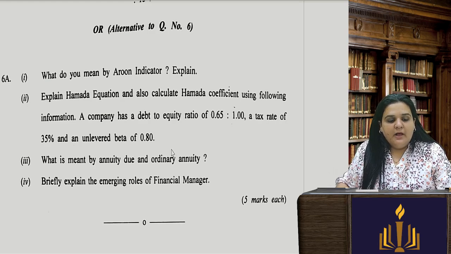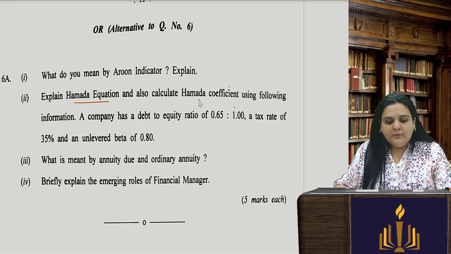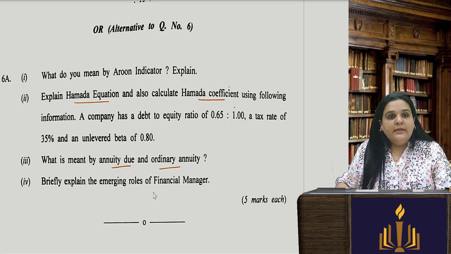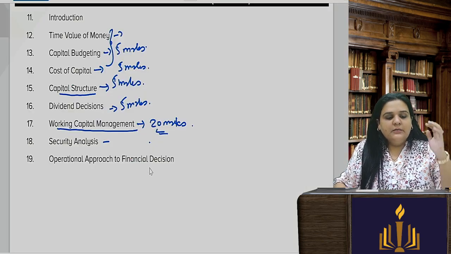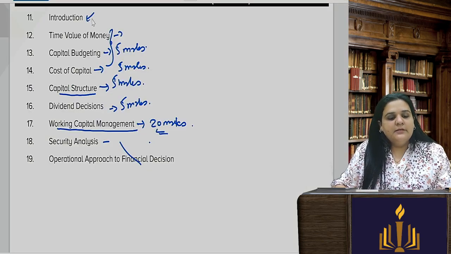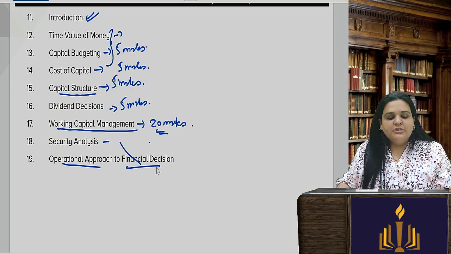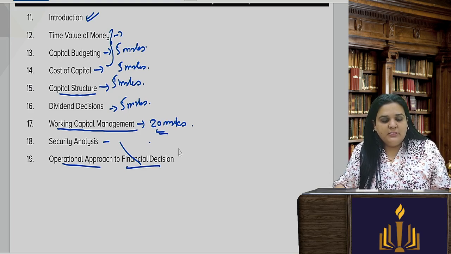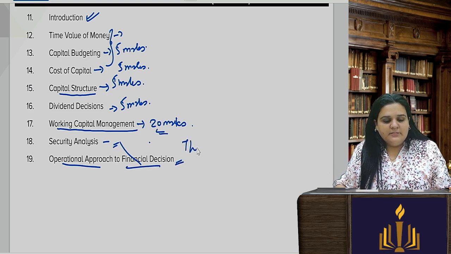They have asked you what do you mean by Arun indicator, explain the Hamada equation, and also calculate the coefficient using that information. Annuity due, ordinary annuity, briefly explain the emerging roles of a financial manager. So this is also theory, has been asked from the introduction and other chapters, operational approach to financial decisions, and security analysis, which are all theory based chapters.